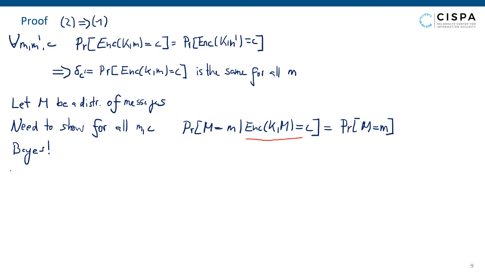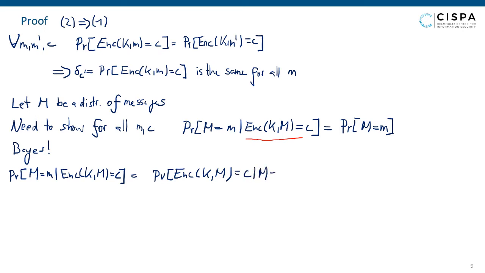So writing this out, we have that the probability M equals m given Enc_K(M) equals c is the same as the probability Enc_K(M) equals c given M equals m, times the probability M equals m, divided by the probability Enc_K(M) equals c.